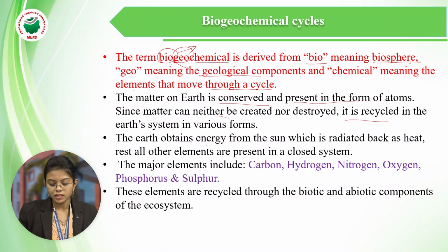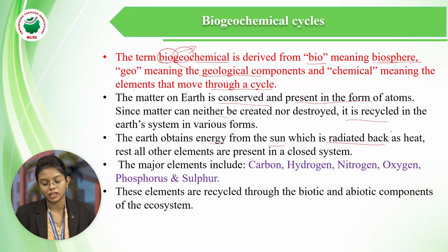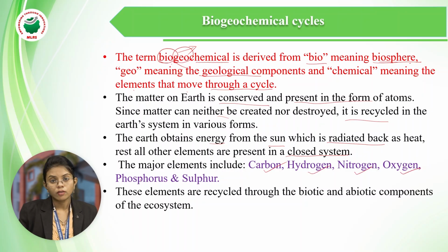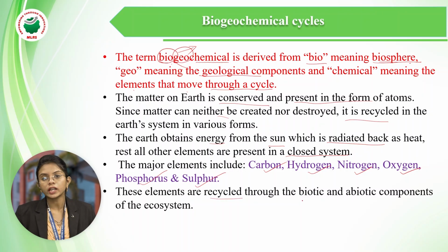The earth obtains energy from the sun, which is radiated back as heat, and all the other elements are present in a closed system. The major elements include carbon, hydrogen, nitrogen, oxygen, phosphorus, and sulfur. These elements are recycled through the biotic and abiotic components of the ecosystem.